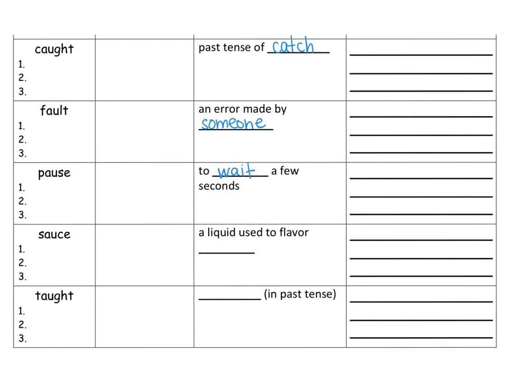Pause. The next word is sauce. Sauce. A-U says "ah" again. A sauce is what you use when you cook. It is a liquid used to flavor. If we're using it to cook, we're flavoring foods. So my sentence might be, I think the most famous sauce is spaghetti sauce.